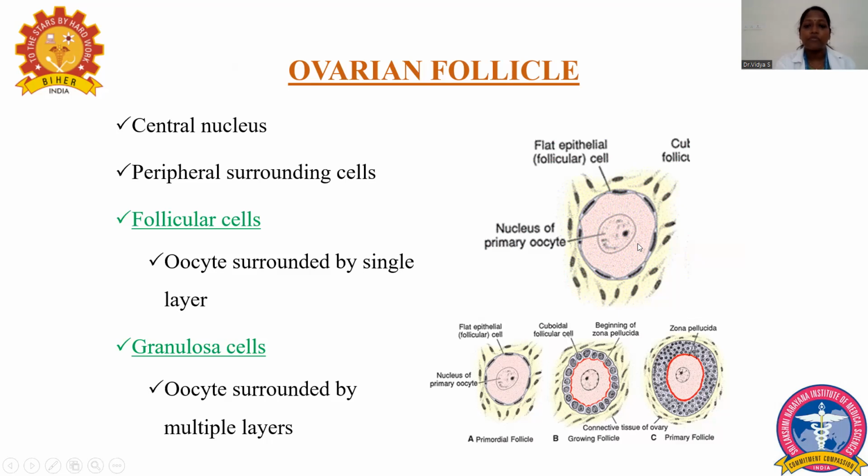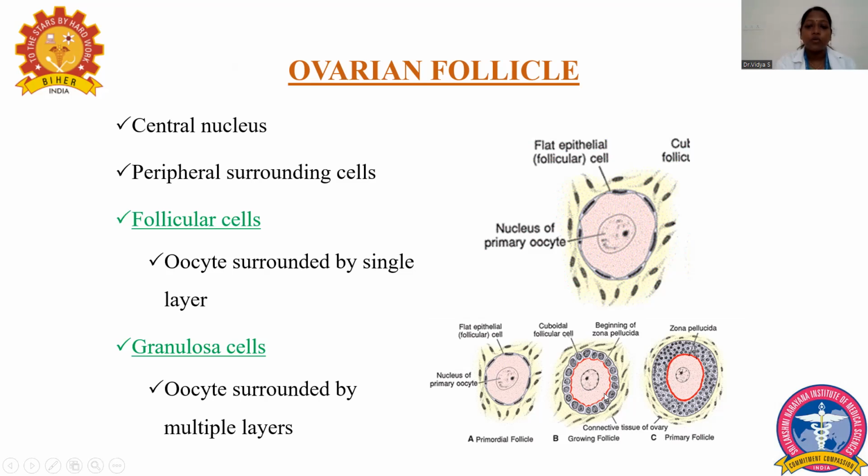There are two different types of cells. One is the follicular cells, another one is the granulosa cells. The follicular cells are where the oocyte is surrounded by a single layer. So this is the oocyte, which is surrounded by a single layer of flat epithelial cells, which we call follicular cells.